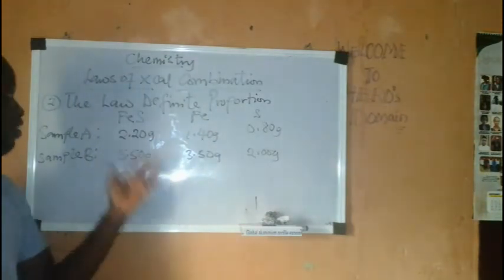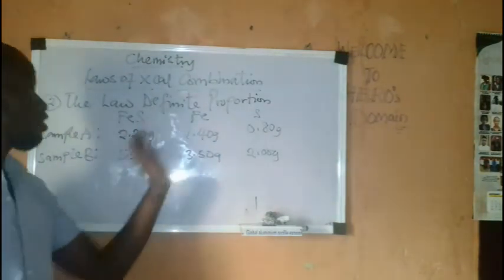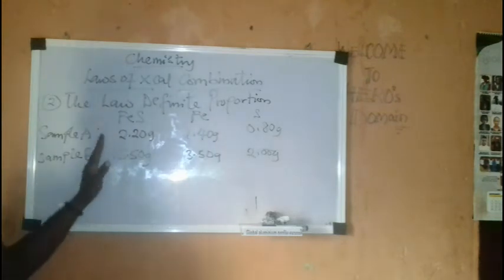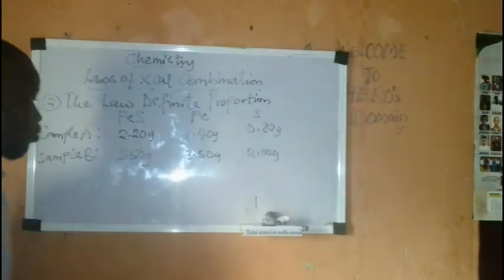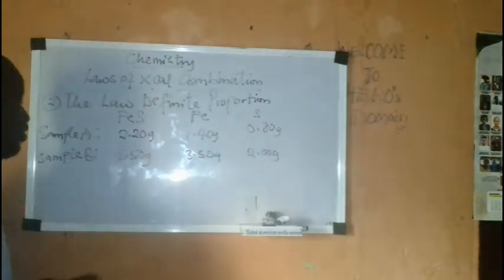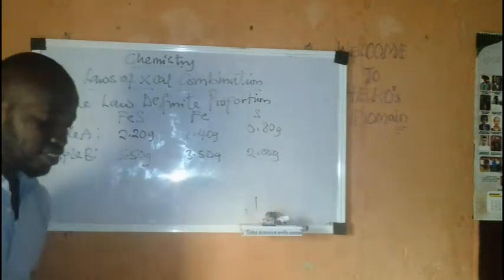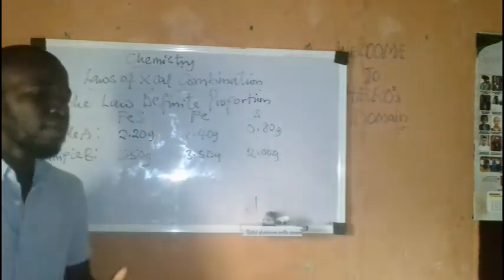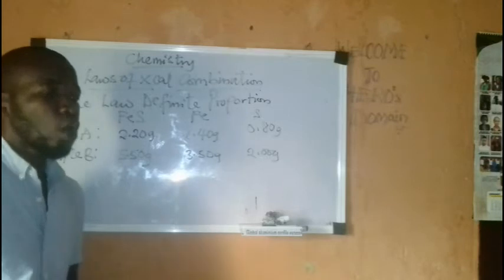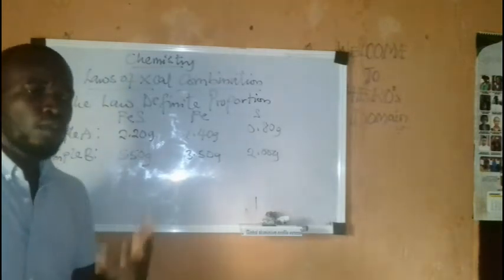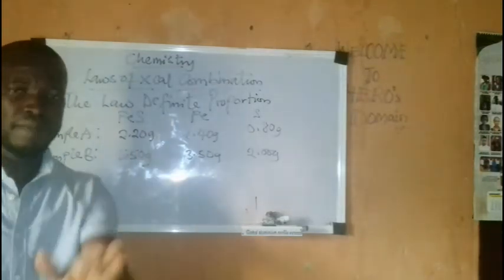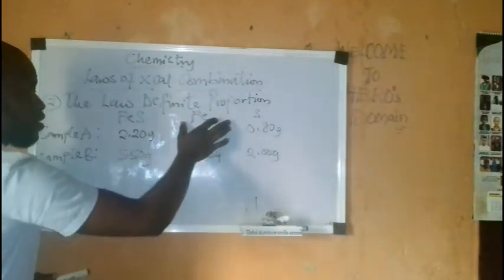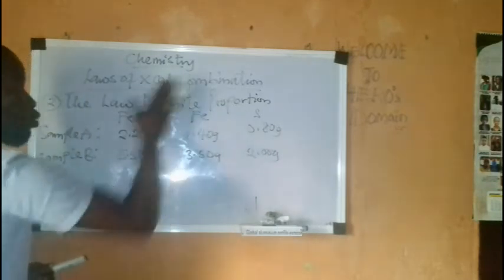Now the question says, show that these samples obey the law of definite proportion. Remember, the law states that all pure samples of a chemical compound contain the same elements combined in the same proportion by mass. So what you need to do now is pick out iron or sulfur to prove the law.